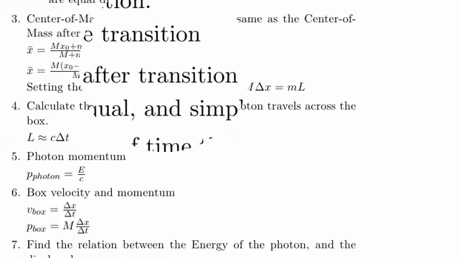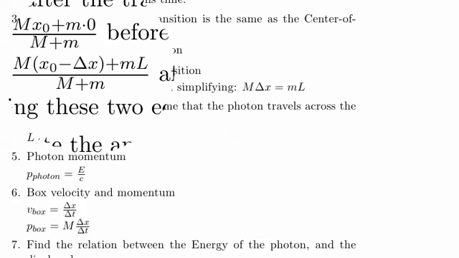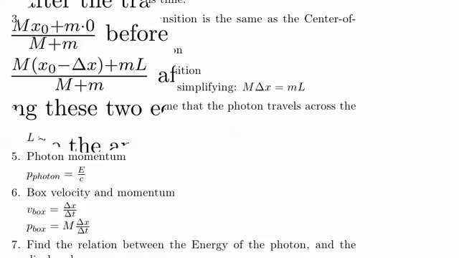And then after transition, we have the mass of the box times its new position, because it's moved to the left by delta x, plus the mass of the photon times its new position, because it's moved across the length of the box, divided by the sum of the masses.